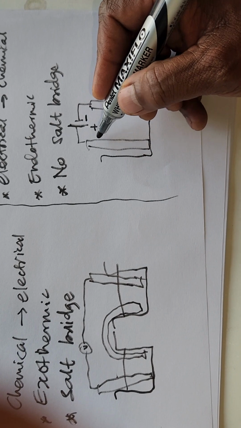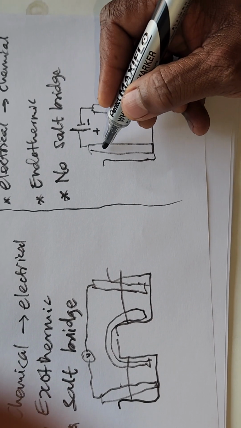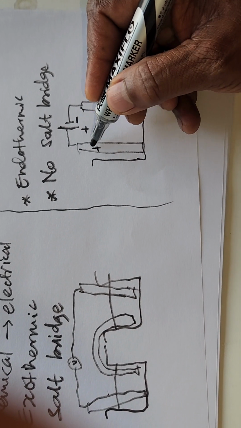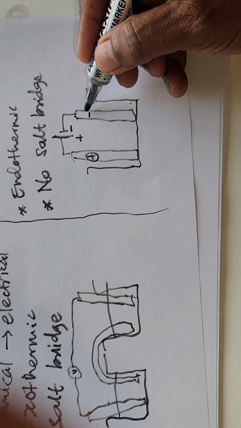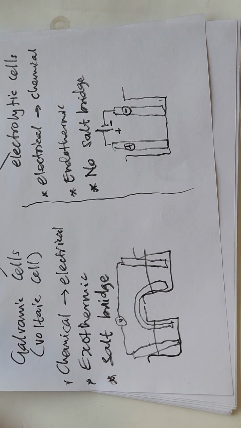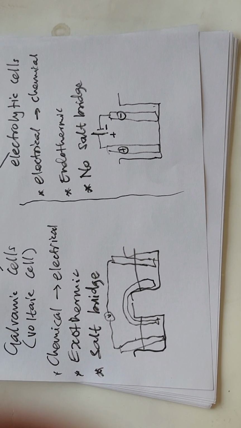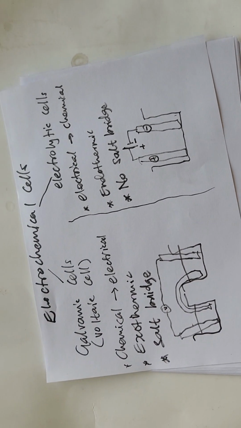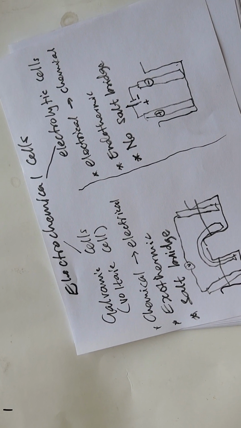Therefore, the electrode connected to the positive terminal of the battery will be positively charged, and this one will be negatively charged. So that is in a nutshell the difference between the two cells.